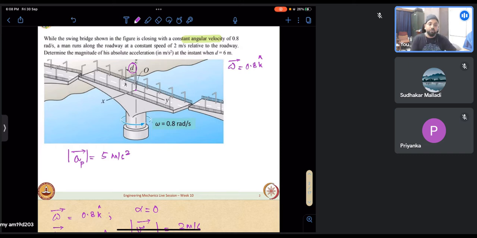And one point to note: in the last session, when we were solving for the acceleration in one of the problems, I think the value somewhere in the cross products got missed out. The absolute acceleration would come out to be around 3.04 something, but in the calculation it came out as 2.6. So I have corrected that in the sheet.